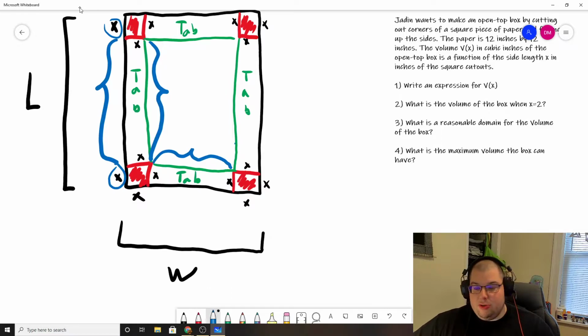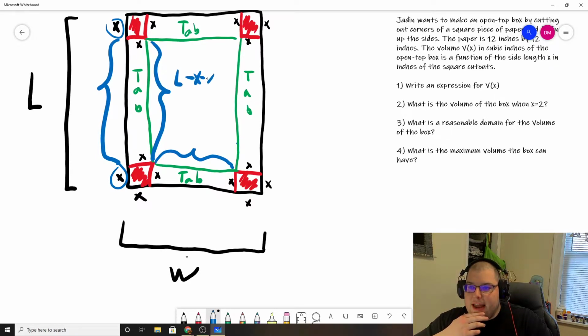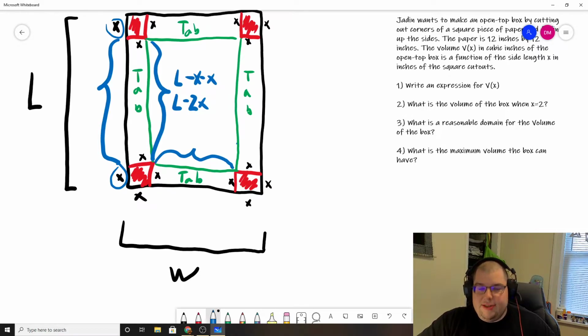And each of those are x's. So that blue distance is the length minus an x from the top and minus an x from the bottom, which is the length minus 2x. That middle distance is left over once I've cut out 1x from the top and 1x from the bottom.